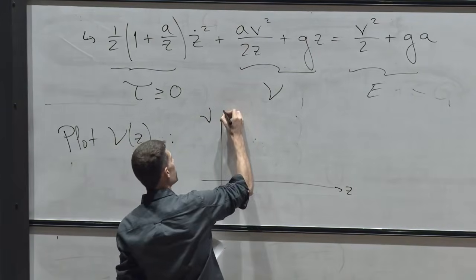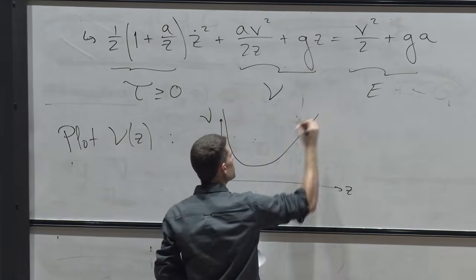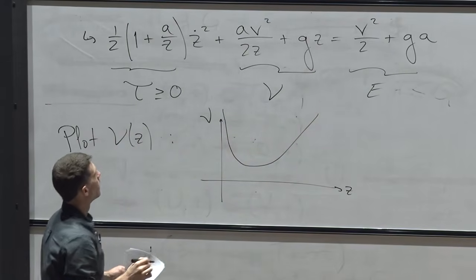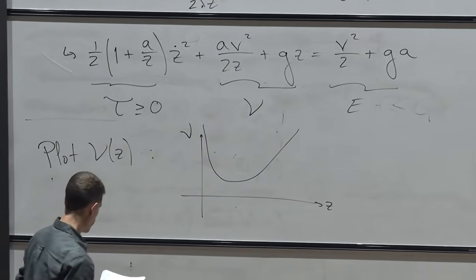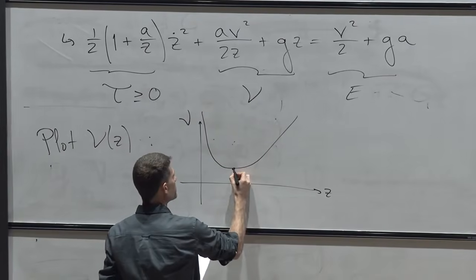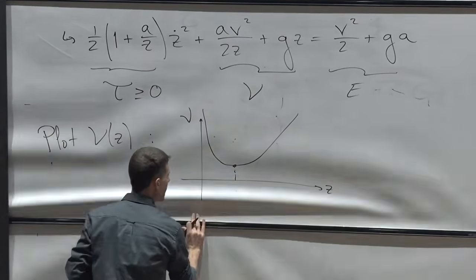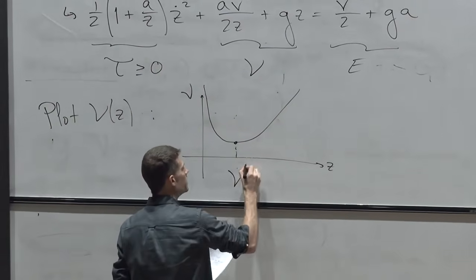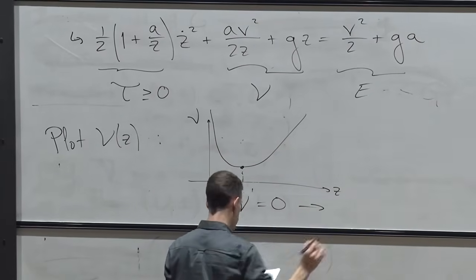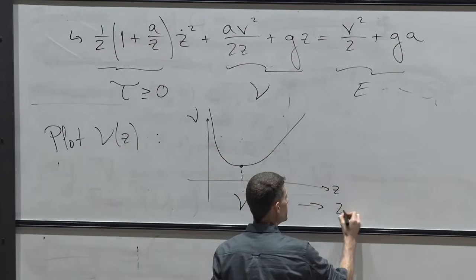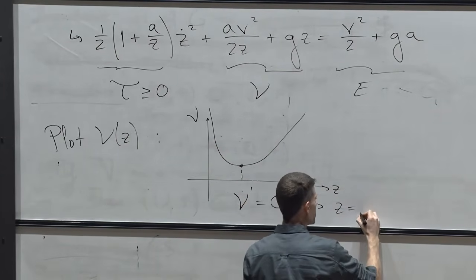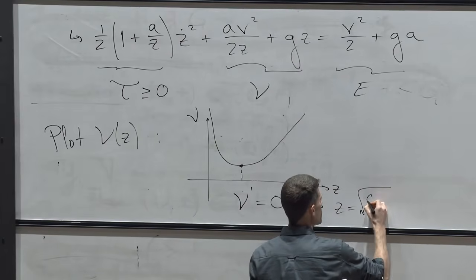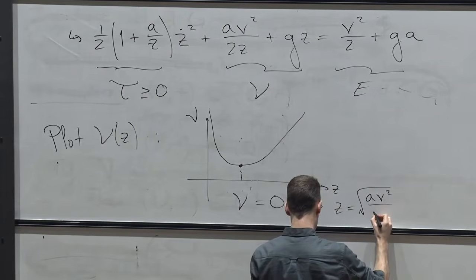So it's doing something like this. And if you do some calculus, you can work out that that point right there, where V prime is 0, has solution z equals root a V squared over 2g.